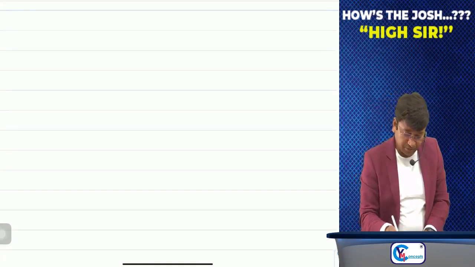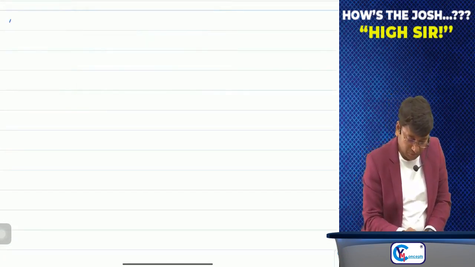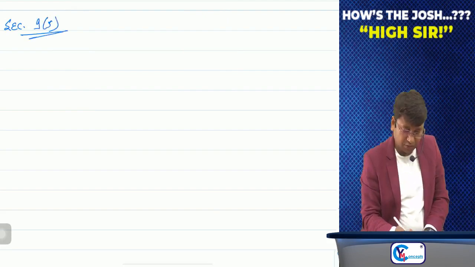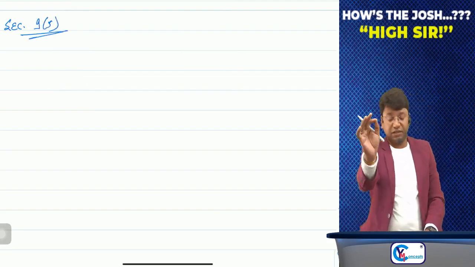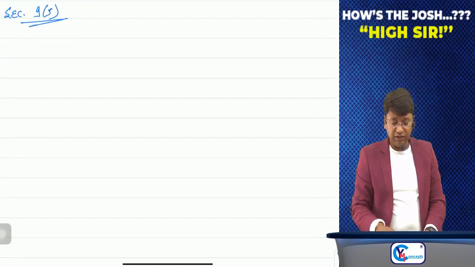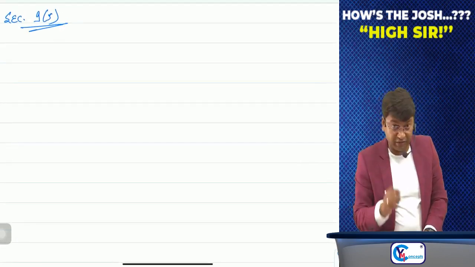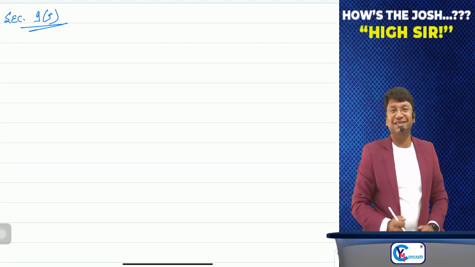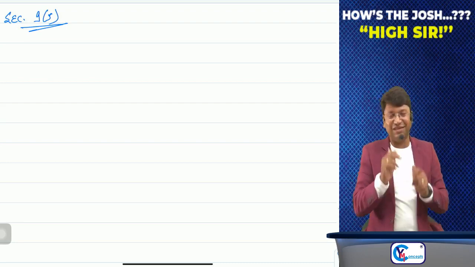Now section number 9 subsection 5. Sir, section number 9 subsection 5, listen to me very carefully. Sir, this is regarding Uber, Ola, sir, Swiggy, all these are covered here.